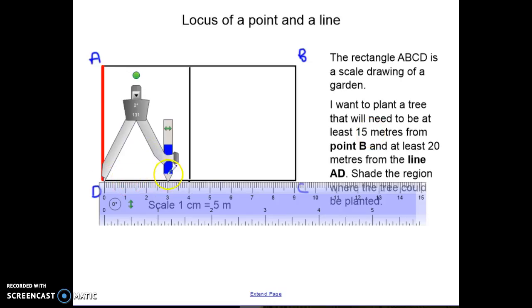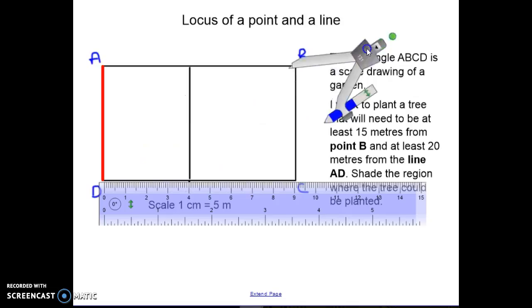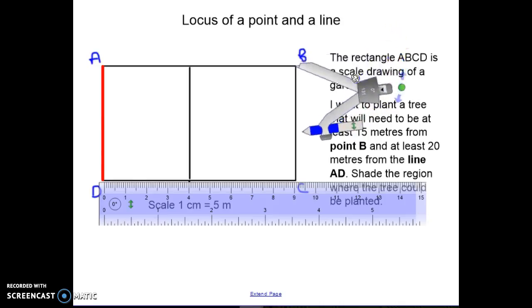So I've opened my compasses up to 3 centimetres, and from point B I'm going to need to draw a circle, or at least the part of the circle that is within this rectangle, and that will represent the set of points 15 metres away from point B. So let me take this, put the point of my compasses on point B, and then draw.